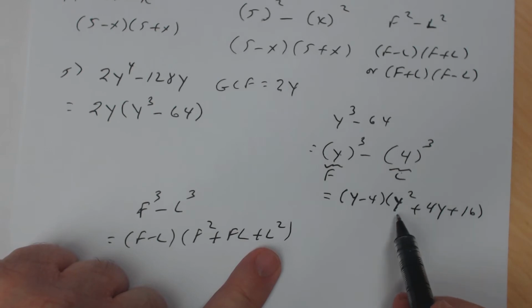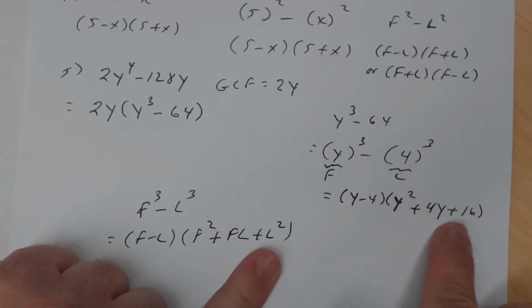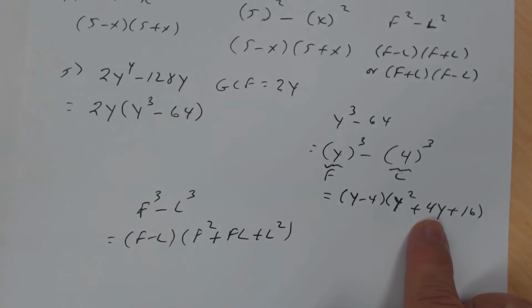And always remember, if you had factored out the GCF here, this trinomial cannot be factored any further. So don't even waste your time. It is not going to be y plus 4 times y plus 4. That's not going to give you this middle term of 4y. It's going to give you an 8y. So be careful. Don't waste your time.